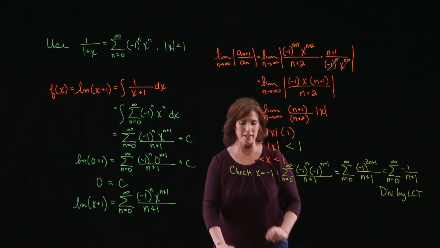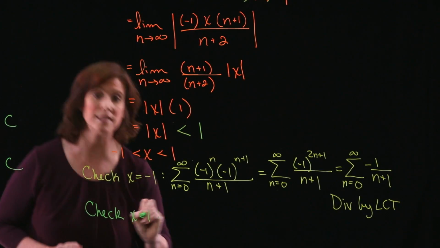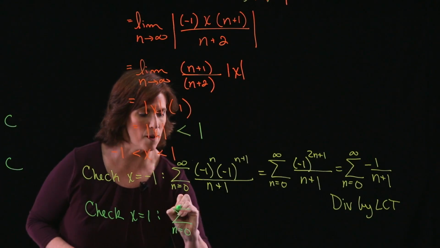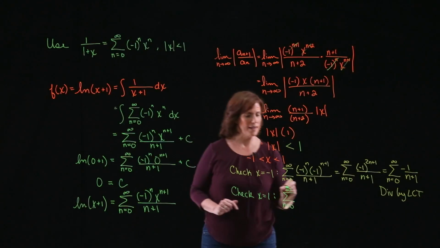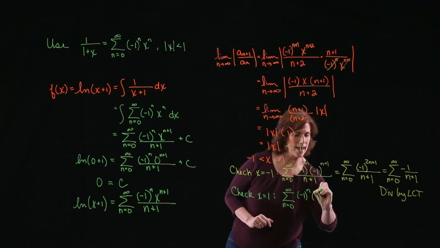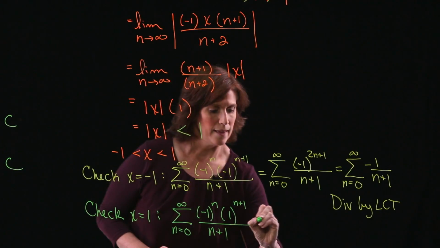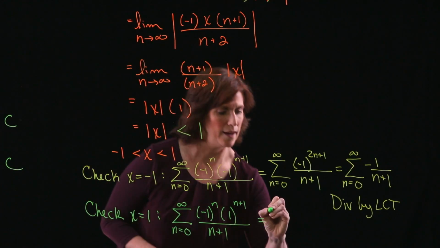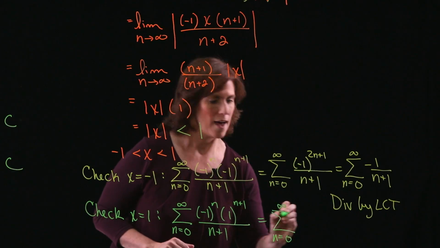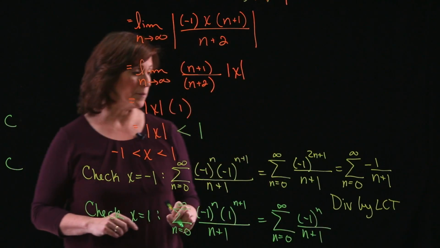On the other hand, we also need to check what happens when x equals +1. When x equals +1, my series will be the sum from 0 to infinity of -1 to the n and 1 to the n plus 1 power all over n plus 1. This is the sum from 0 to infinity of -1 to the n all over n plus 1.